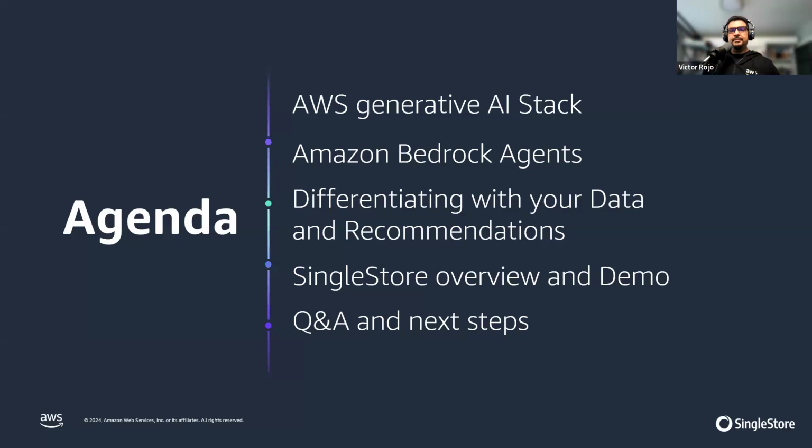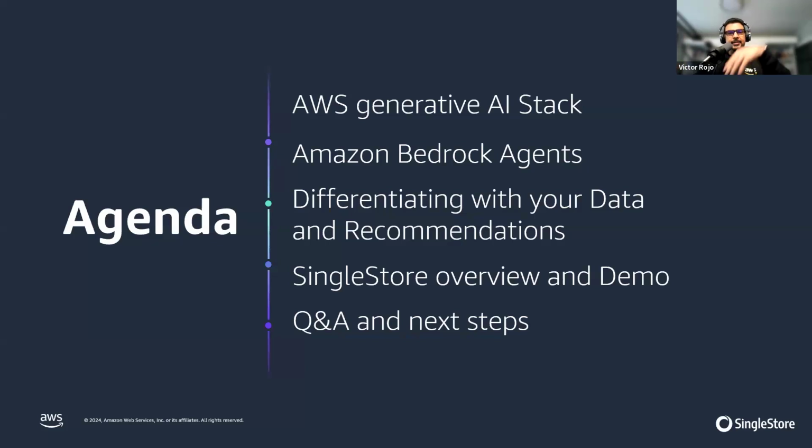These are the 3 basic aspects that I always highlight about the partners in this competency. It's related to the generative AI stack, because AWS tries to bring different options to different audiences and personas. I will be talking about that.